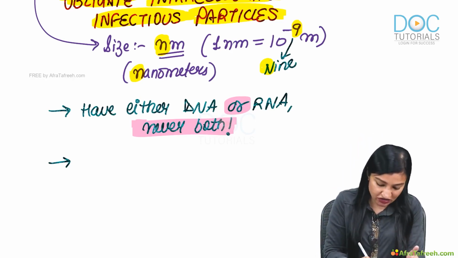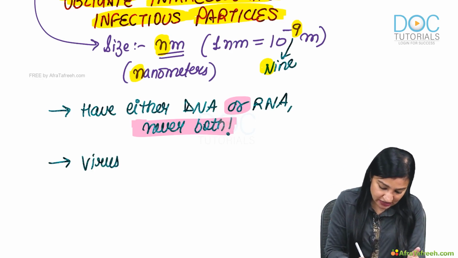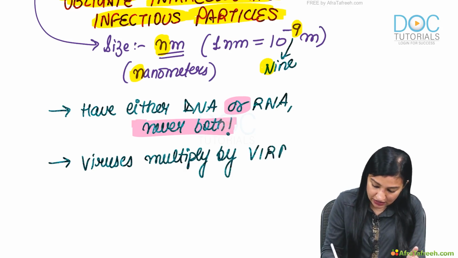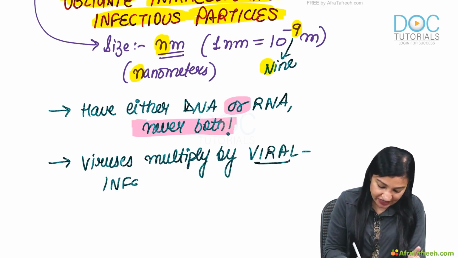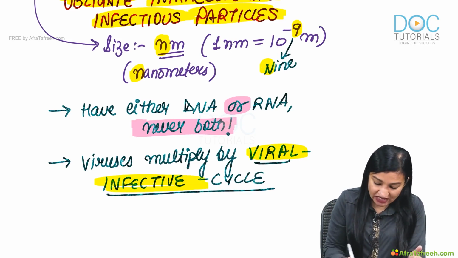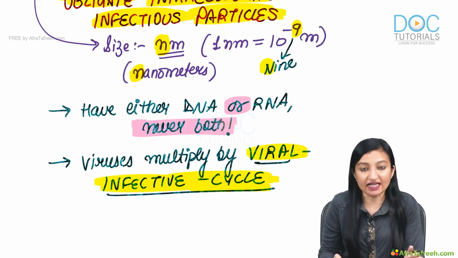For now, you can just remember that viruses multiply by what is known as the viral infective cycle.